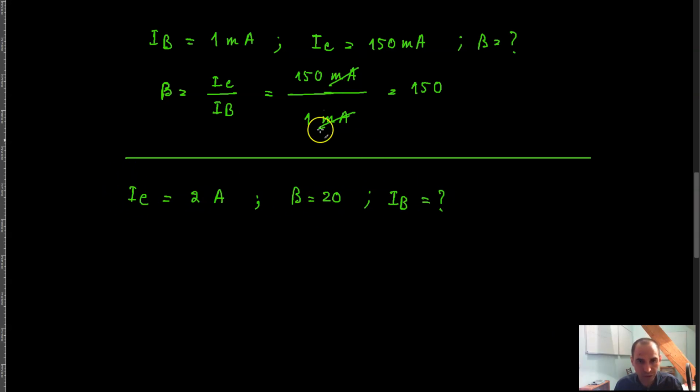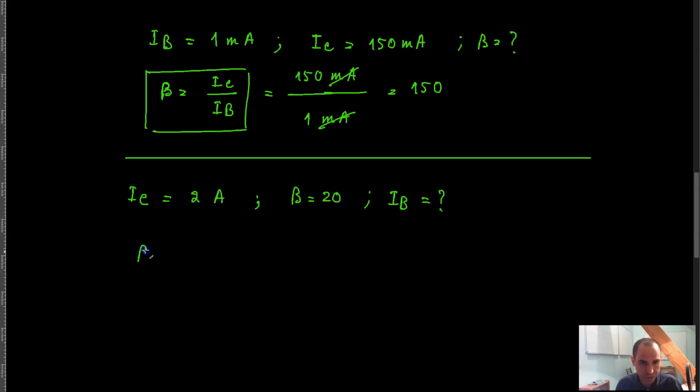Based on the fact that beta is equal to I of C over I of B, this means that I of B is going to be 1/20th times 2 amps.